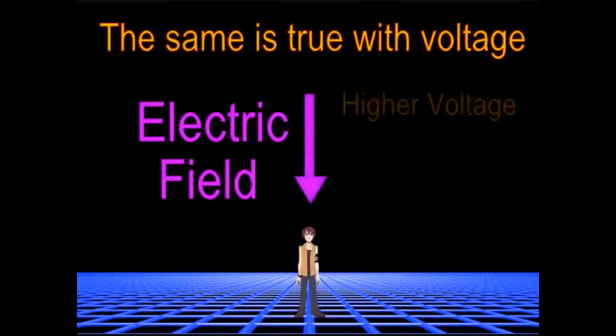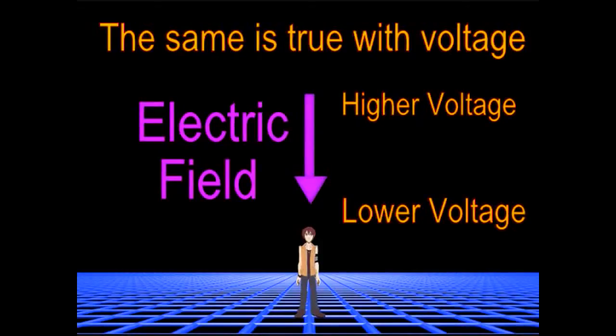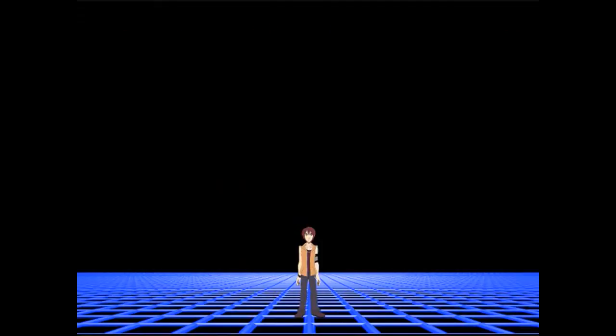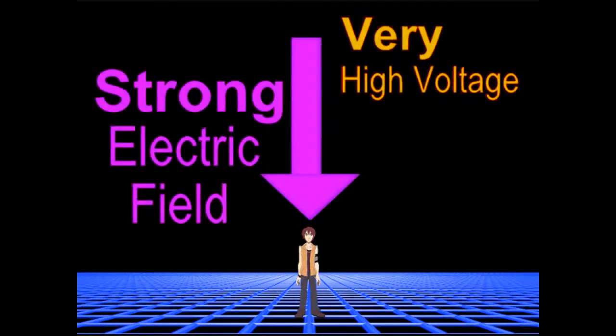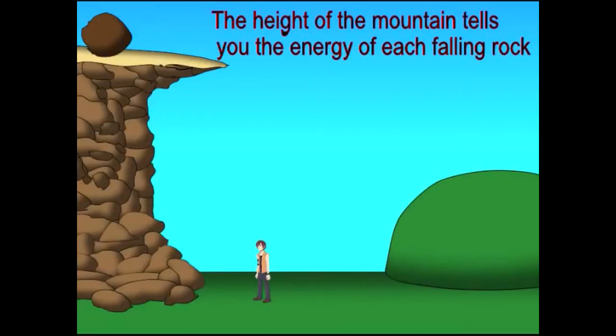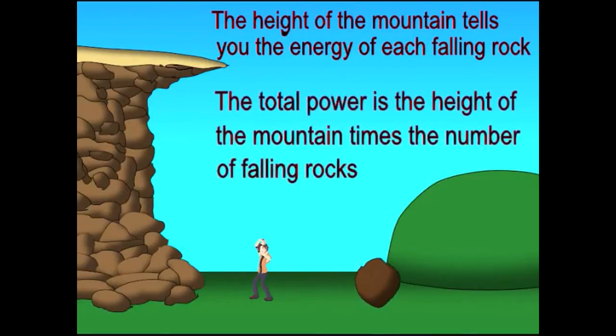The same is true with voltage. The height of the mountain tells you the energy of each falling rock. The total power is the height of the mountain times the number of falling rocks.